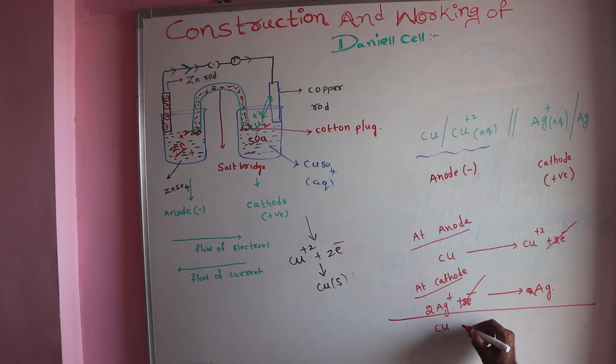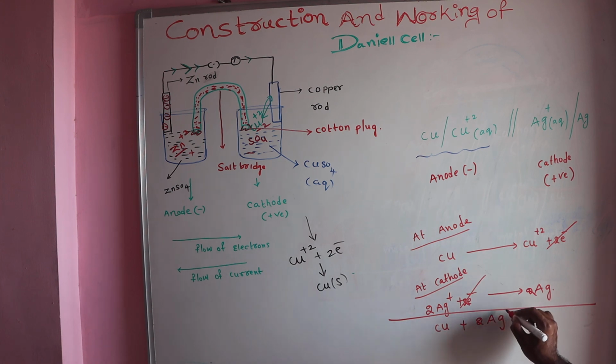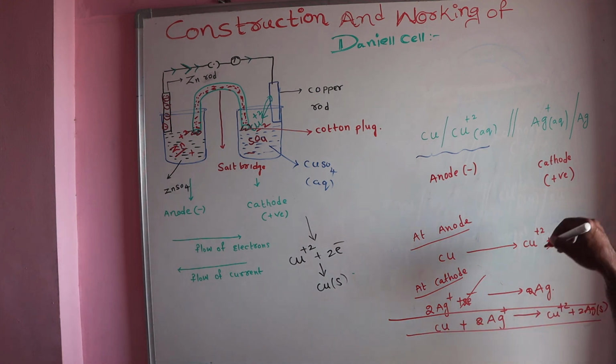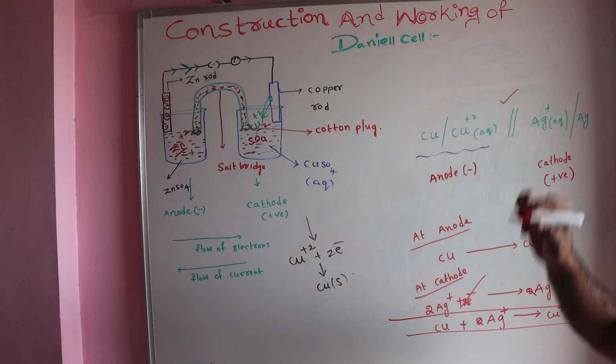Then we get the overall reaction: Cu plus 2Ag plus gives Cu plus 2 plus 2Ag.